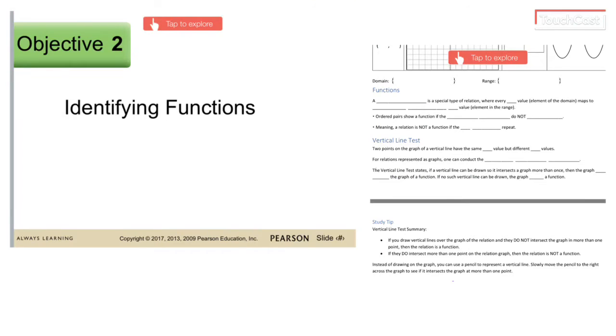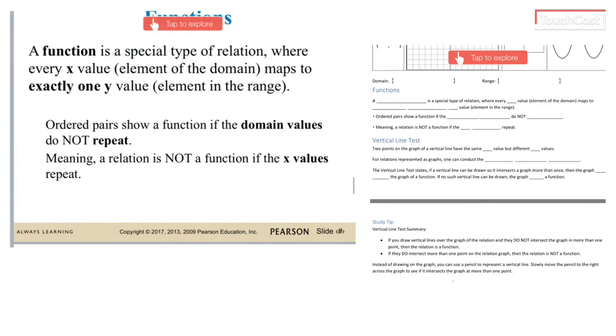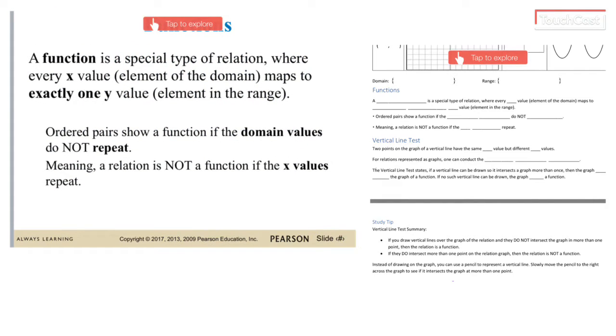So our next objective is to identify functions. And so we have some vocabulary here, and that's given here on this first slide. And it tells us that a function is a special type of relation where if we have an x value, an element of the domain, then it maps to exactly 1 y value.